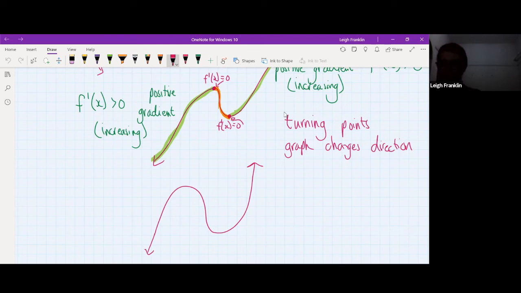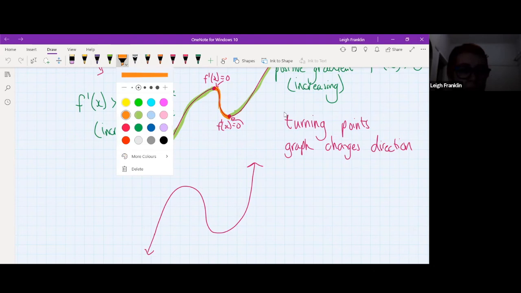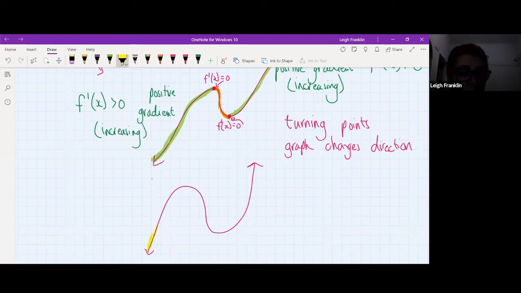This particular graph, I'm sticking with the same theme as what we've got up there, is first concave down, and it's concave down all the way to a particular point called the point of inflection.